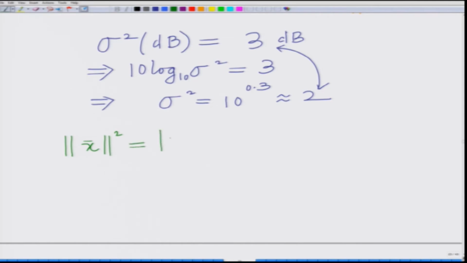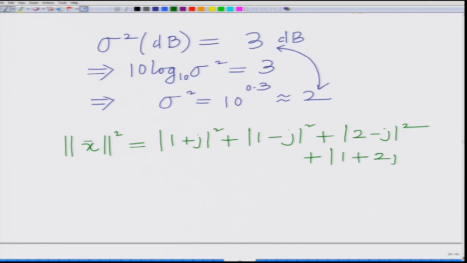This will be the sum of squares of the magnitudes of all the pilot symbols: magnitude of 1 plus j squared, plus magnitude of 1 minus j squared, plus magnitude of 2 minus j squared, plus magnitude of 1 plus 2j squared, which is equal to 2 plus 2 plus 5 plus 5, which is equal to 14.